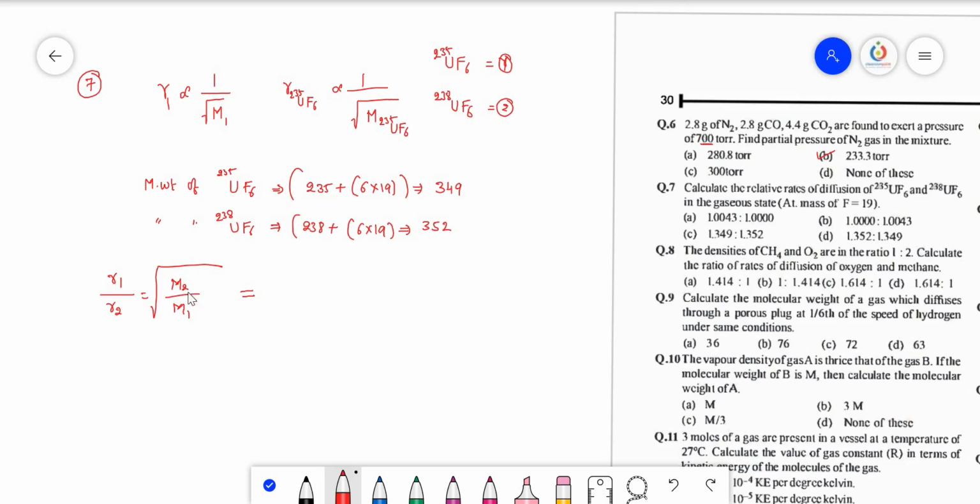So just substitute the M2 value, the second gas, that is root over 352 divided by 349. This value is approximately equal to 1.0043. So R1 to R2 is 1.0043 to 1. So option A is correct.